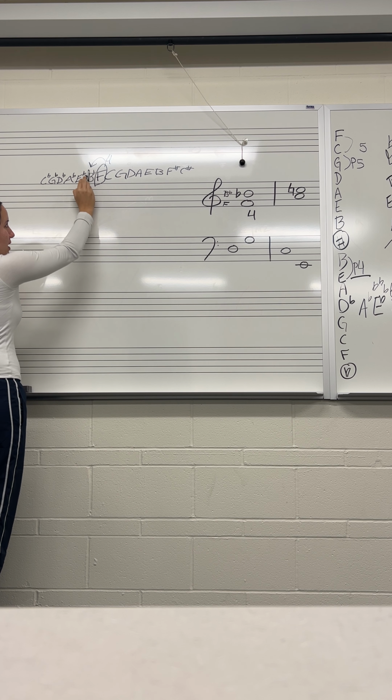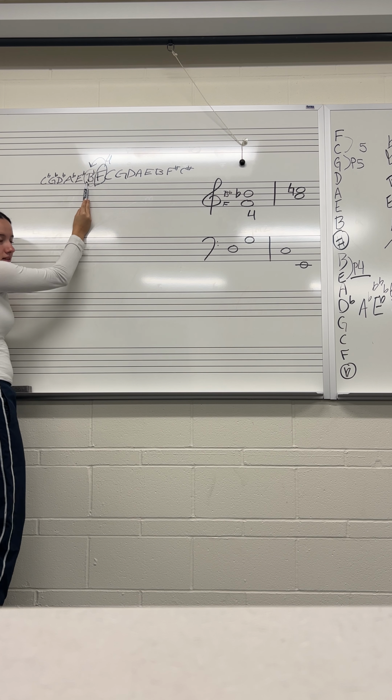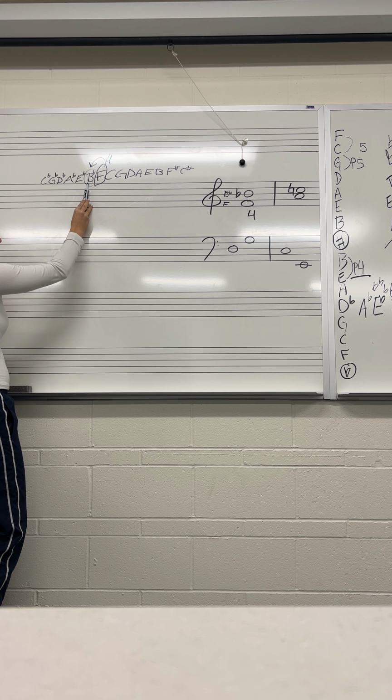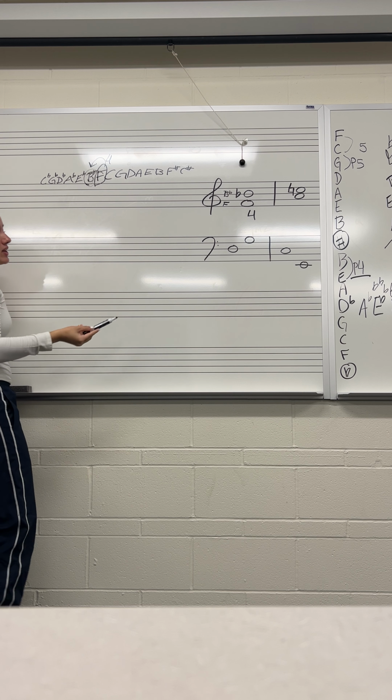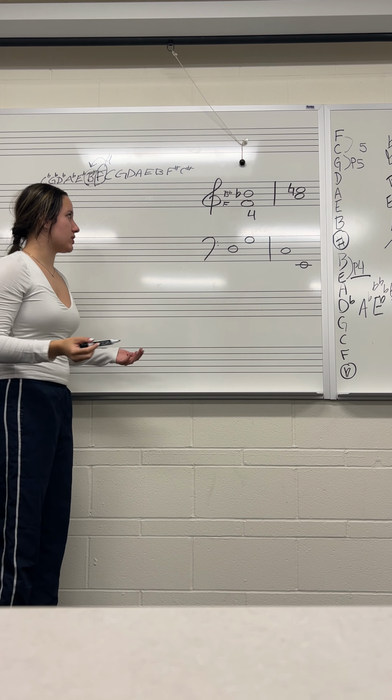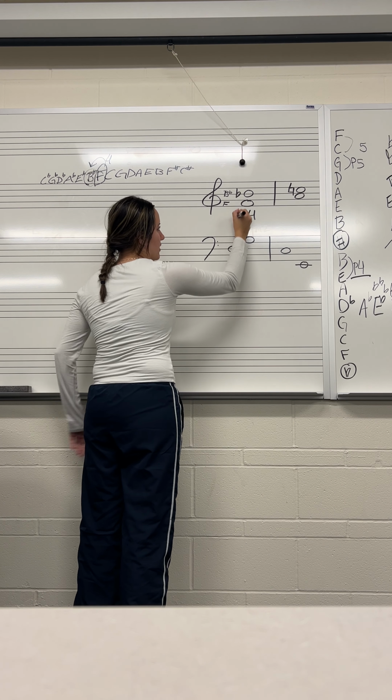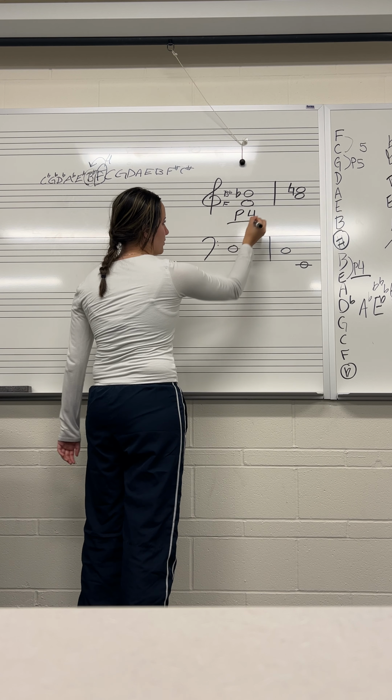If you were to go back a space, you're going back a perfect fourth, you would see the relationship between F and B flat as a perfect fourth. So you can just go ahead and write perfect fourth.